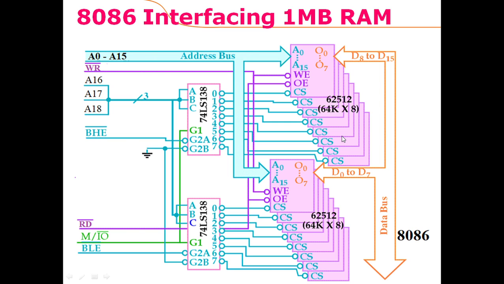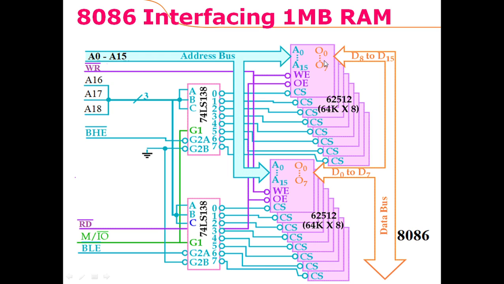When 8 chips are combined, this gives us 512 kilobytes of memory. This is one bank, and when a similar group of chips is combined, another 512 kilobytes of memory is achieved. All together this gives us 1 megabyte of total random access memory.